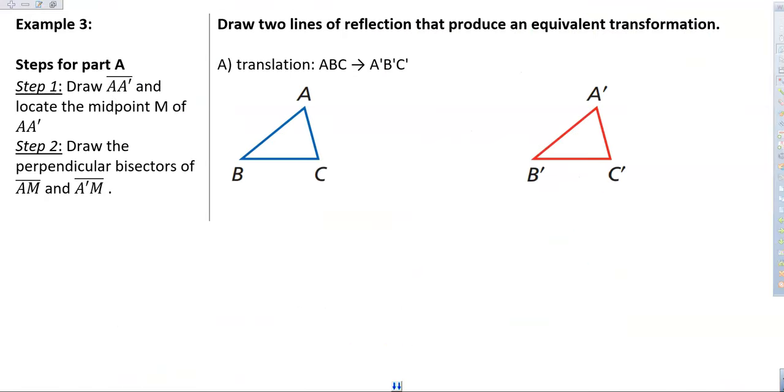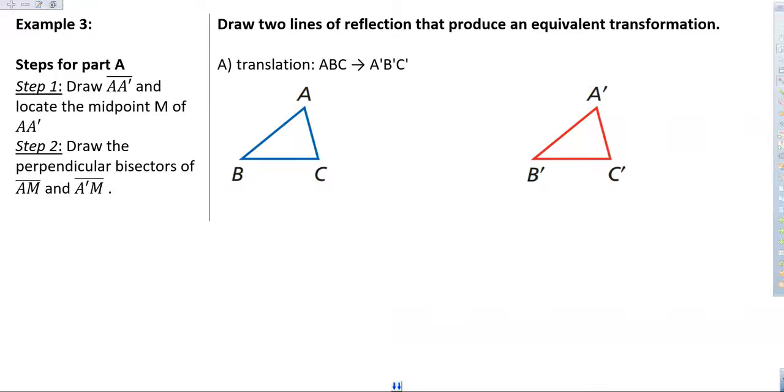All right, let's do this one here. We're looking at triangle ABC, which is essentially translated over to A prime, B prime, C prime, and I want to find the lines of reflection that are going to give me this.